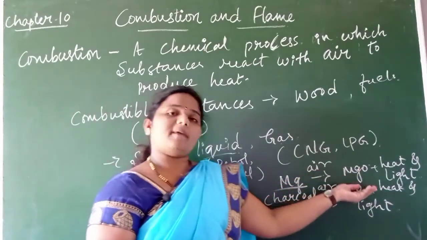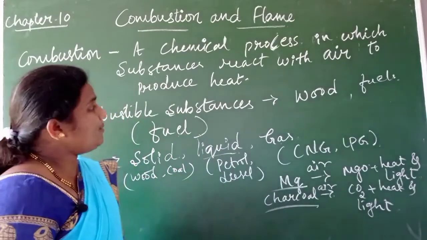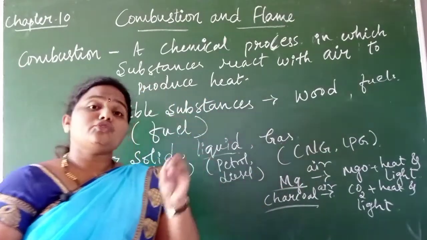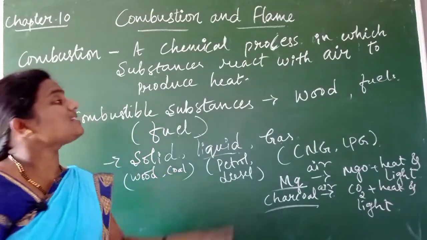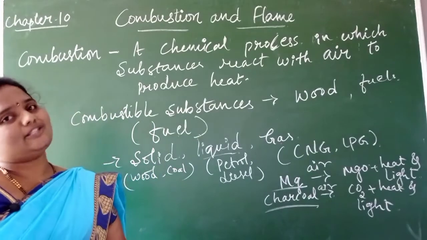Magnesium reacts with air, producing magnesium oxide, and also heat and light. You might ask that here we have stated only that it produces heat. Children, in certain other cases, along with heat it even produces light also.